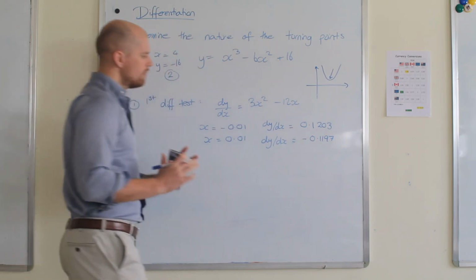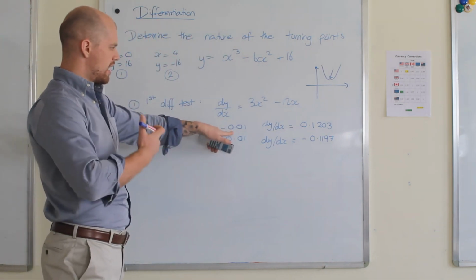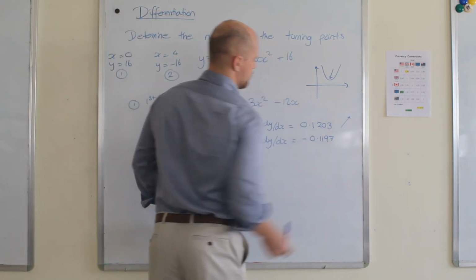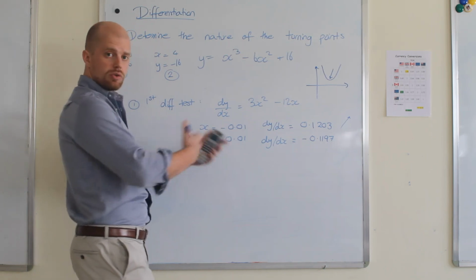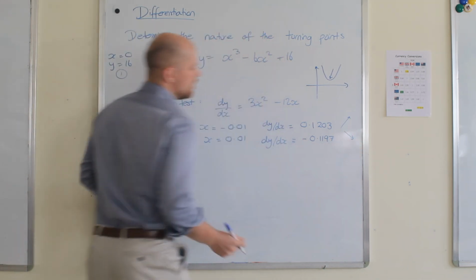I get a negative answer, minus 0.1197. So what that means is that a little bit to the left of the turning point, the gradient is positive, so it's going this way. A little bit to the right, it's negative, so it's going back down again. So let's just say that again.